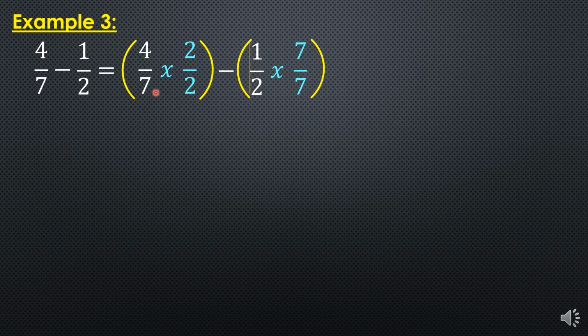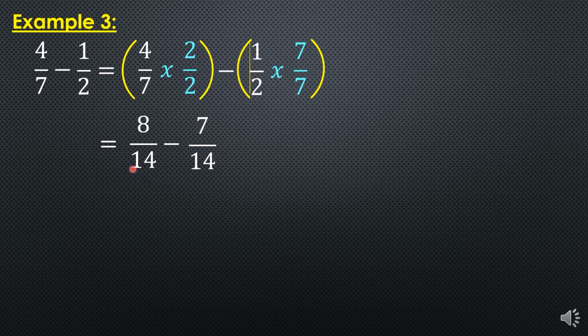Now if we multiply 7 times 2, that will be 14. 2 times 7 will also be 14. So let's continue. 4 times 2 equals 8. 7 times 2 equals 14. Minus 7/14. 1 times 7 equals 7. 2 times 7 equals 14.